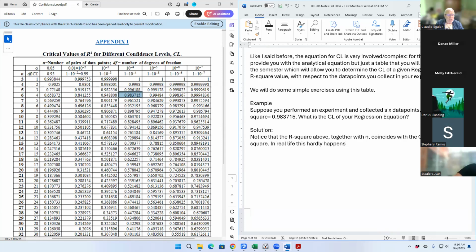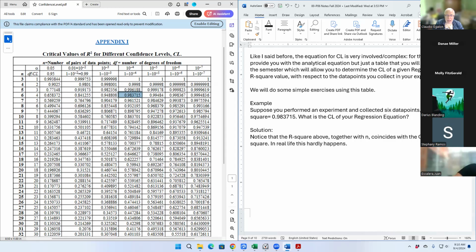Throughout all my years teaching that, I found that only one group of students got an R square that was very close to this critical value. And believe me, I have corrected thousands of those reports, okay? So most likely you are not going to get an R square that will coincide with the critical value in this table, okay?